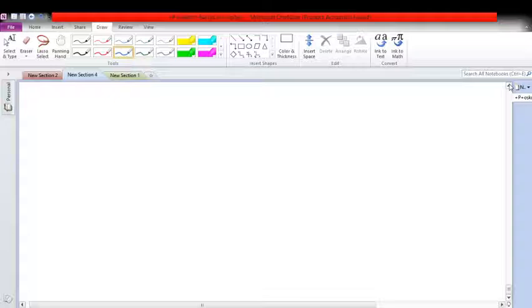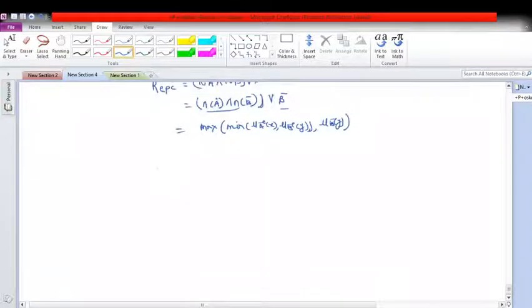Then the fourth way you can calculate is using generalized modus ponens, or called R implication.